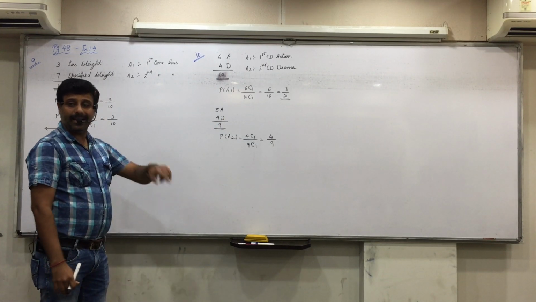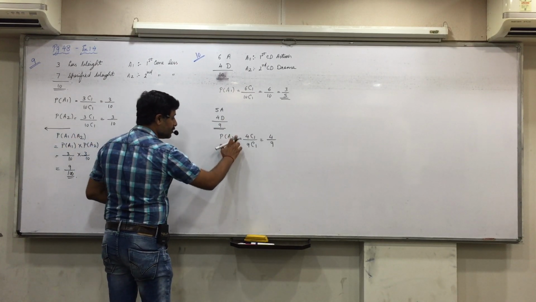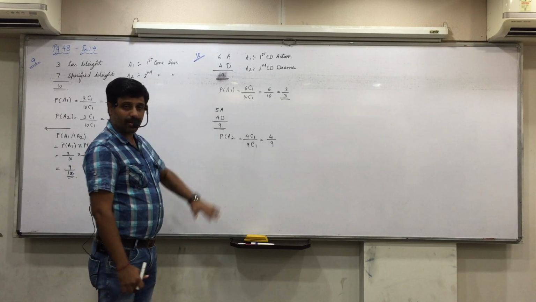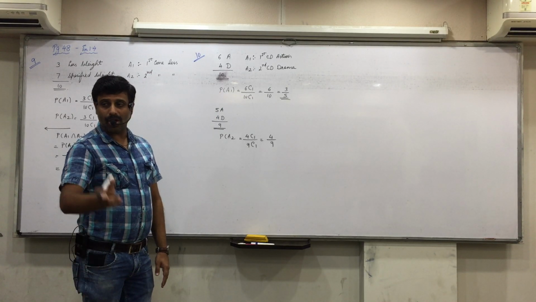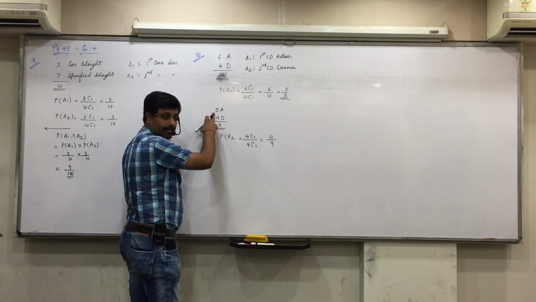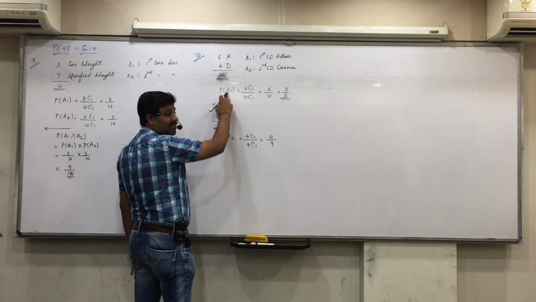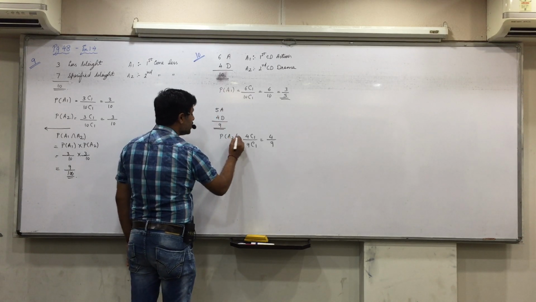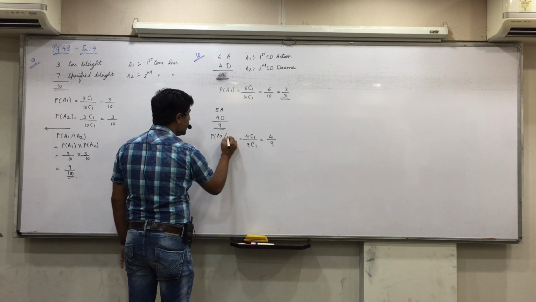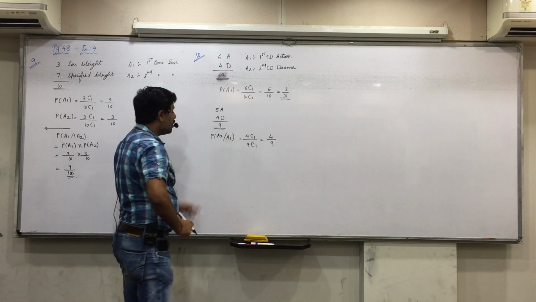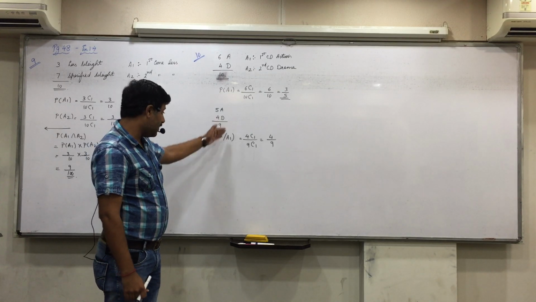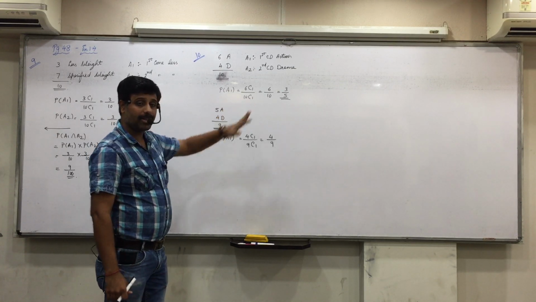Okay. And does the second event depend on the first or not? Because you have selected an action film, one action film has decreased. Does the second event depend on the first one or not? So this you will say P of A2 given A1. Probability that second film is drama, given that first is action.